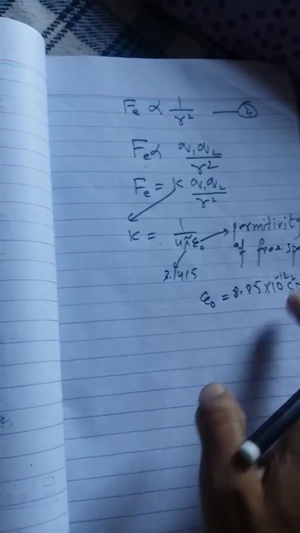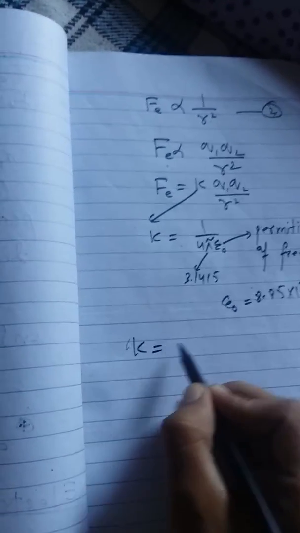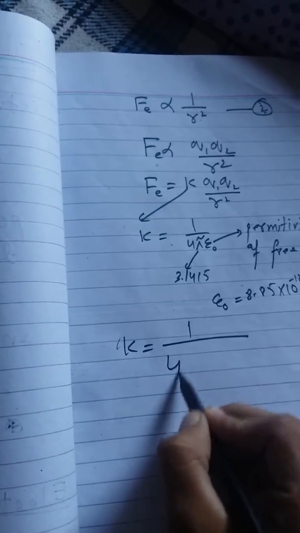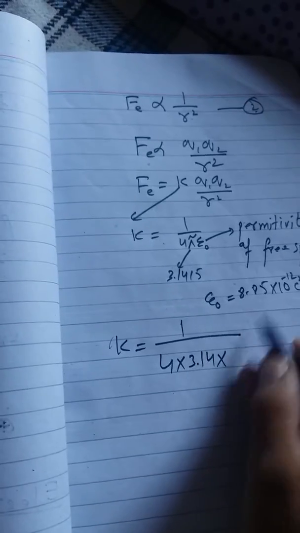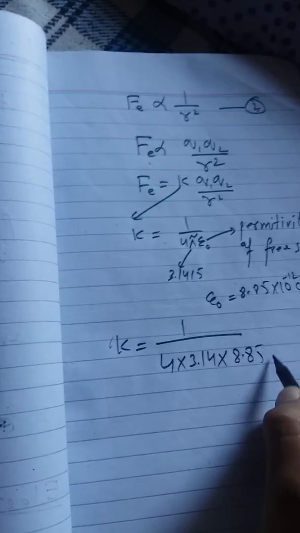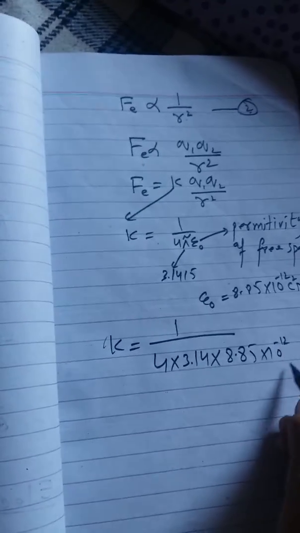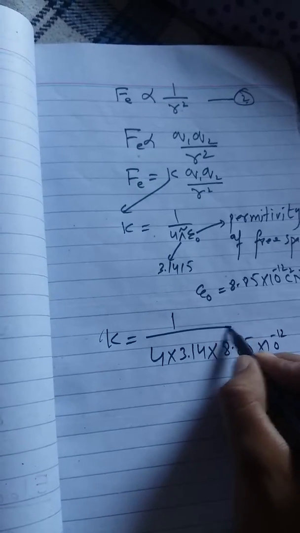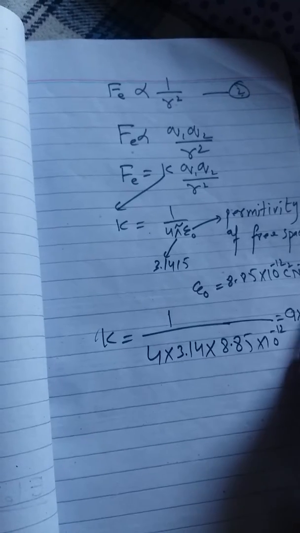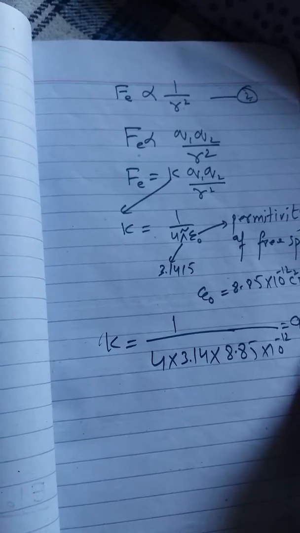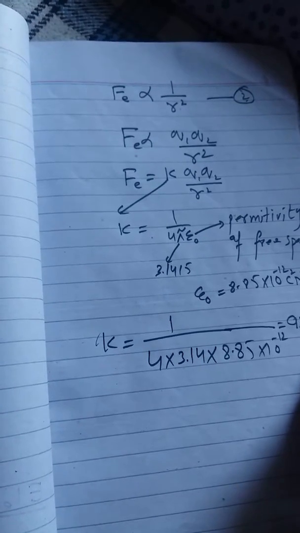I will calculate the value of K from all these values: 4, pi 3.14, and epsilon naught 8.85 into 10 to the power minus 12. You can calculate on your calculator. The value you get, inshallah, is 9 into 10 to the power 9 Newton meter square per Coulomb square.